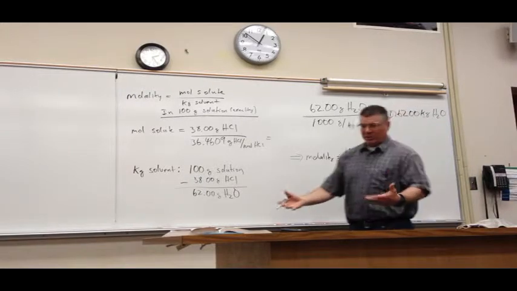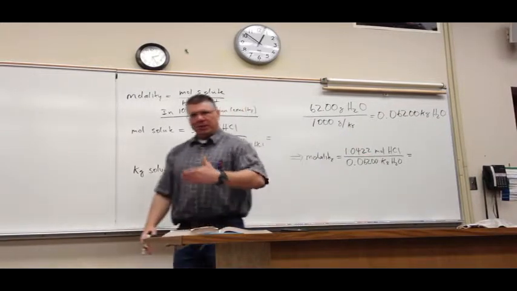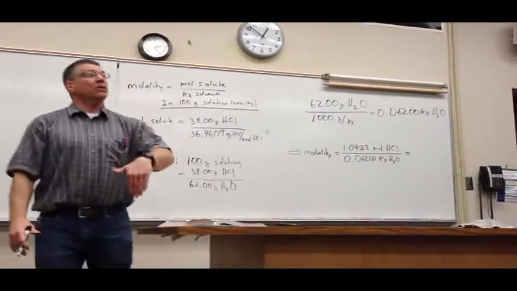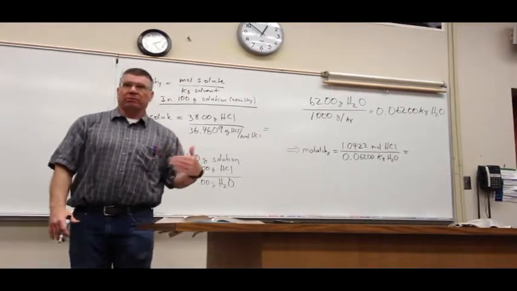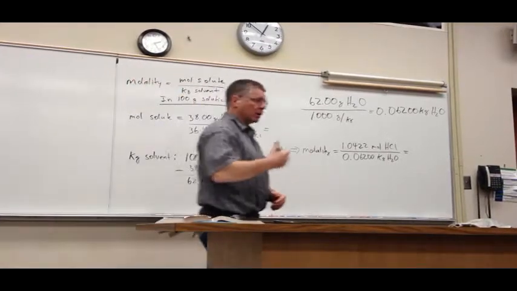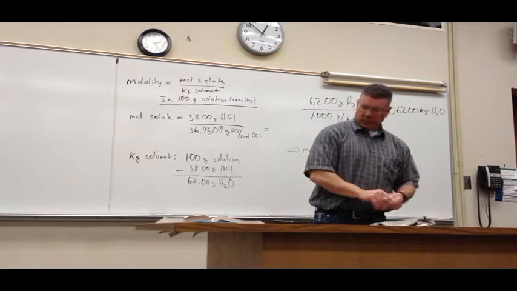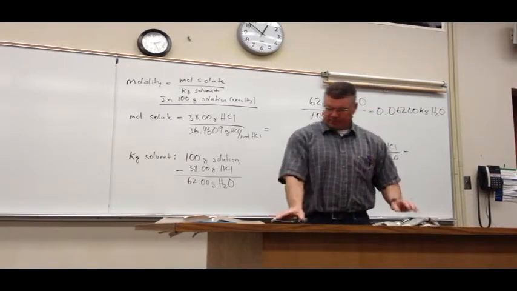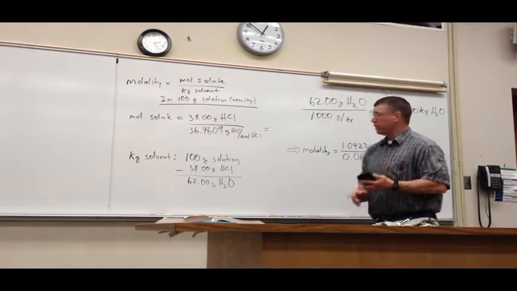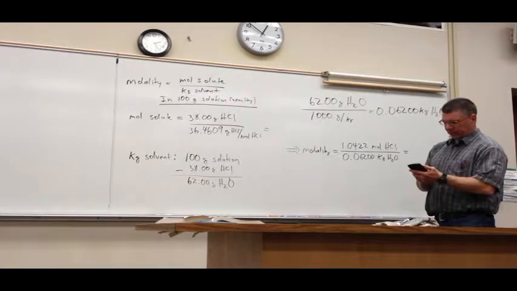So the whole point of molality is it's kilograms of solvent in the denominator, not kilograms of solution or anything like that. So it's solvent, not solution, which is the mistake that I made. But I fixed it now, hopefully.